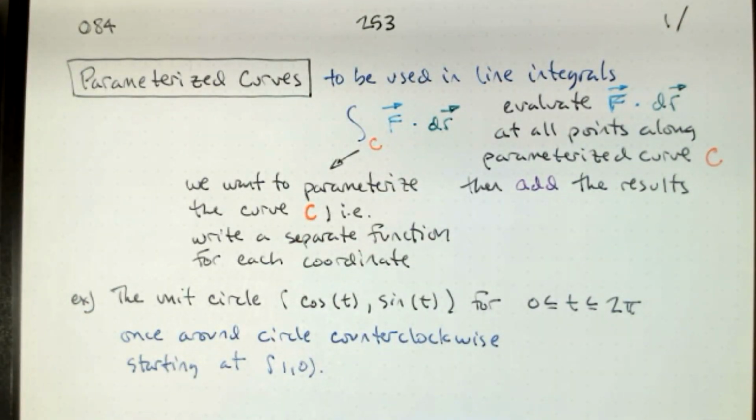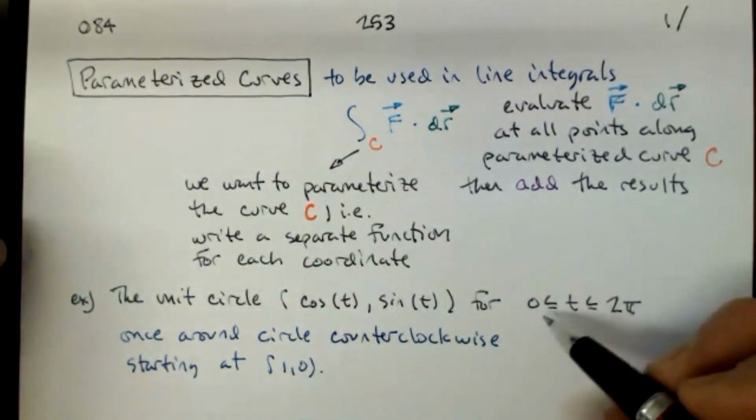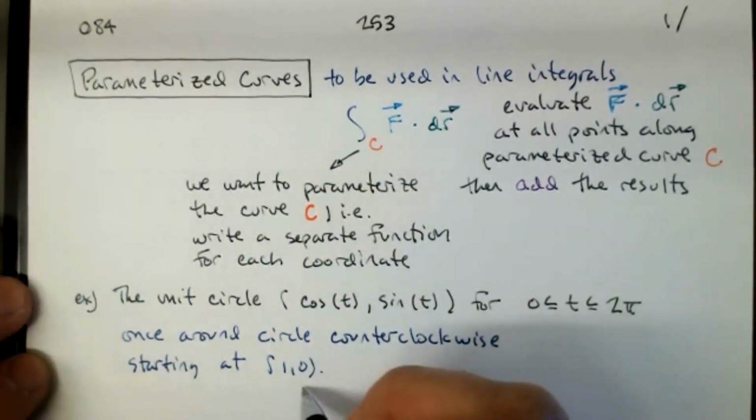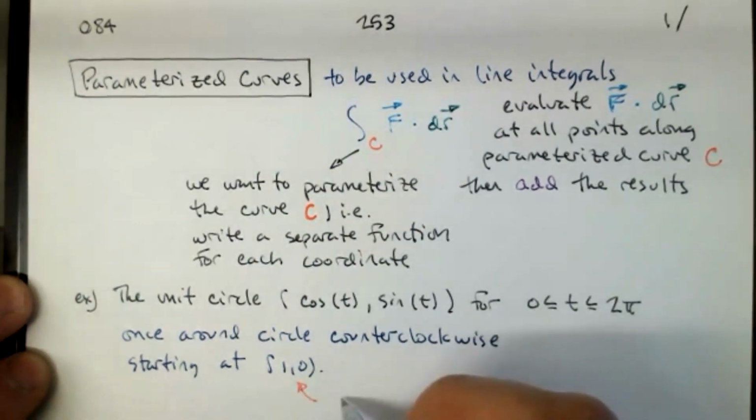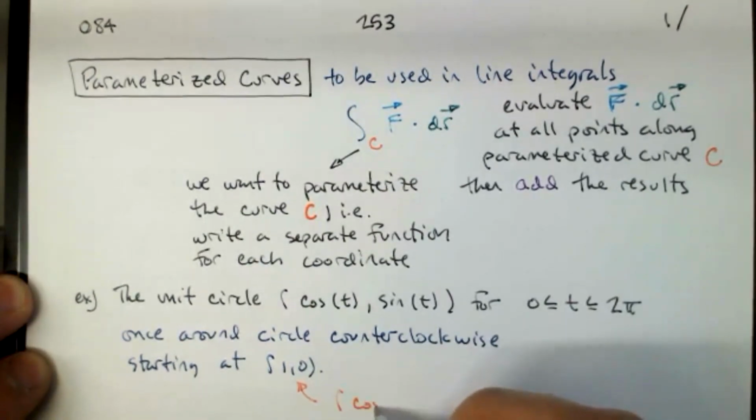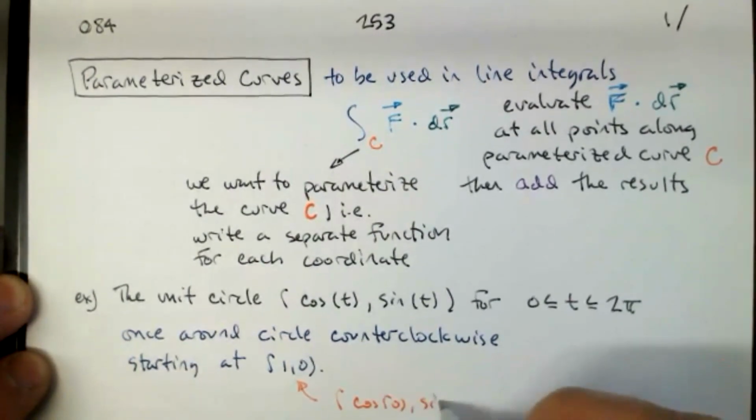So there's a lot of information being communicated here. We see how the x and y coordinates are defined. We see what values of t we're going to be plugging into these functions. And we also find out where the curve starts and ends. We can see this starting at 1, 0, because if we plug in the lowest value of t, that's just cosine of 0, sine of 0.